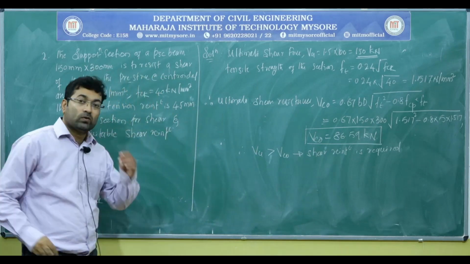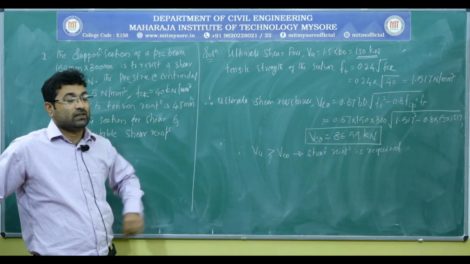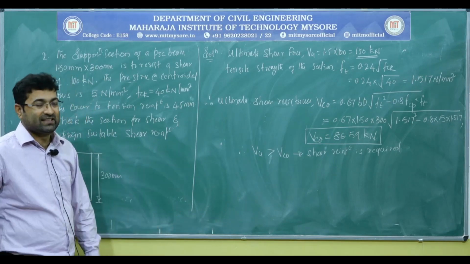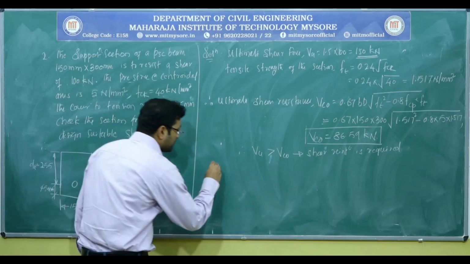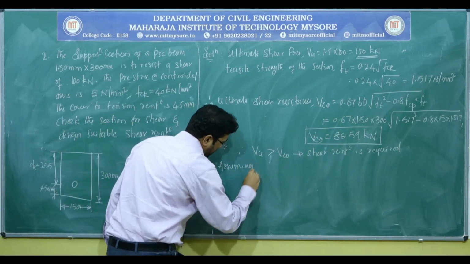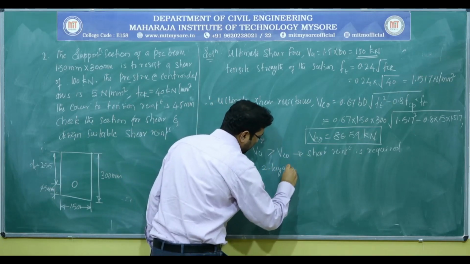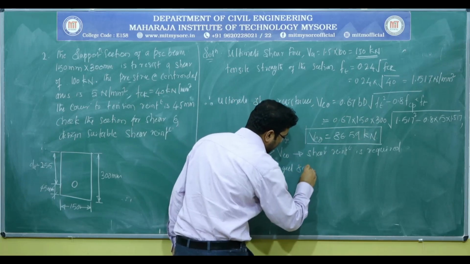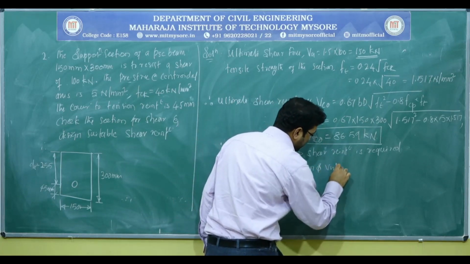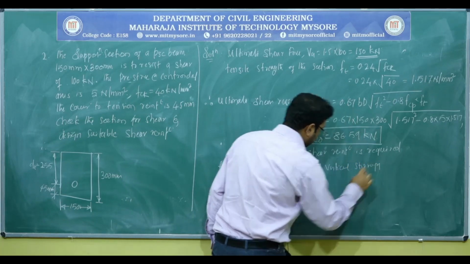So now again, how to provide the shear reinforcement? We have to assume some diameter for the shear reinforcement, then calculate the spacing. So assuming again 2-legged 8 mm dia vertical stirrups.